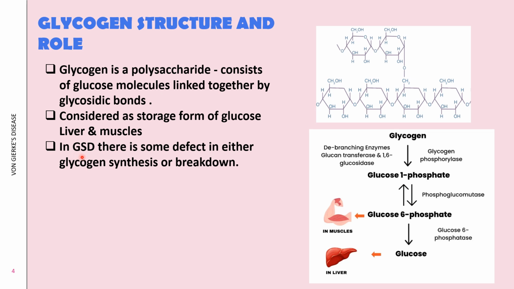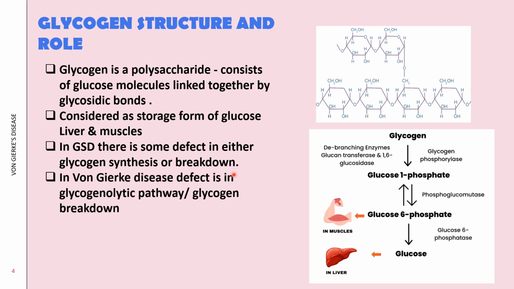In glycogen storage disorders, there is some defect either in the synthesis of glycogen or breakdown of the glycogen. In von Gierke's disease, the defect is mainly in this breakdown pathway, that is the glycogenolytic pathway. Now let us see the genetic basis of von Gierke's disease.